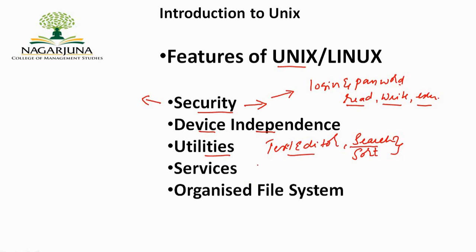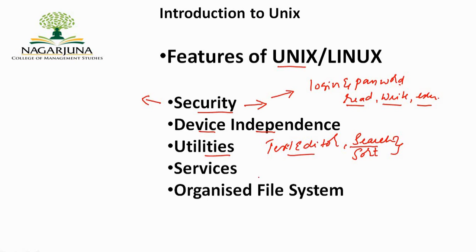The last feature of your Unix operating system is that it supports an organized file system, where it treats everything, including your memory and input output devices, as files. The Unix file system allows an easy and efficient way to maintain the files and directories.